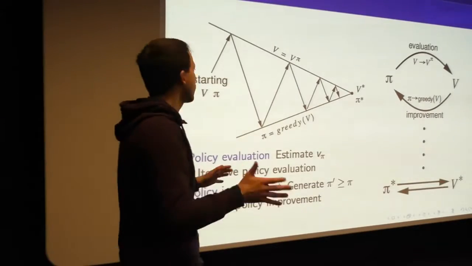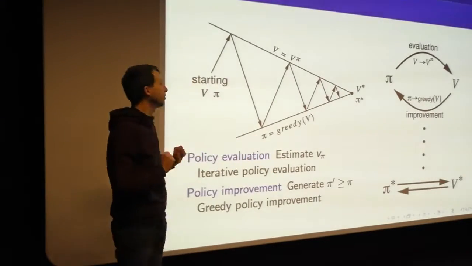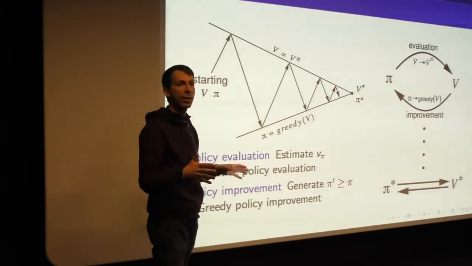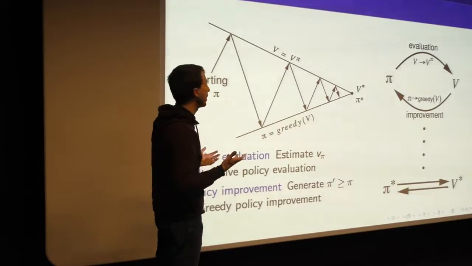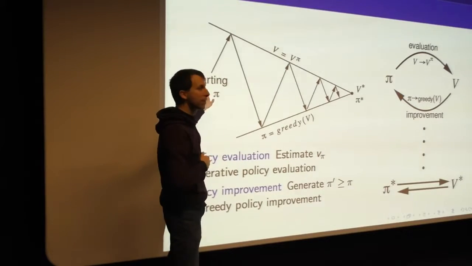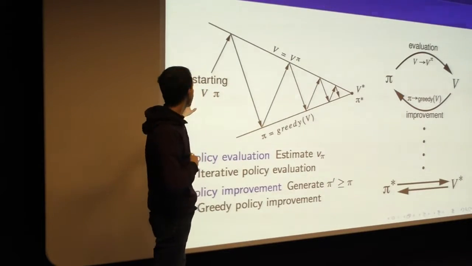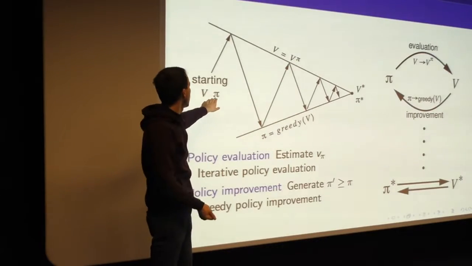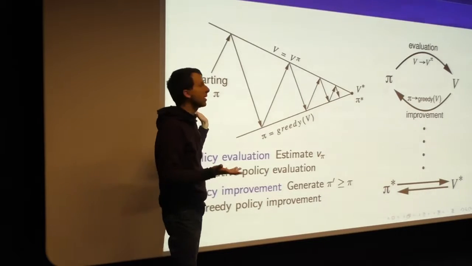Okay, so just in one picture, this is the idea that we're going to be using again and again, not just today, but in many subsequent classes as well. So you start off with some inputs to this process. The inputs are some arbitrary value function, like this, all zeros, and some policy.